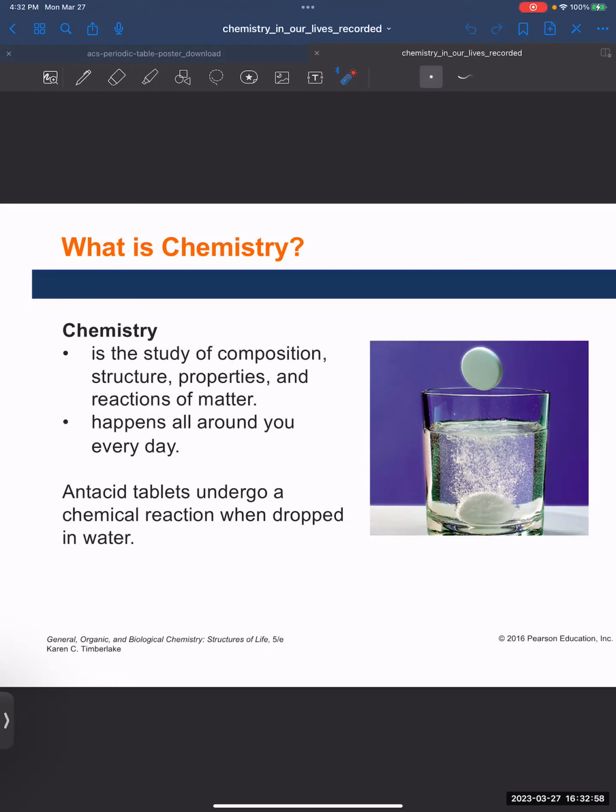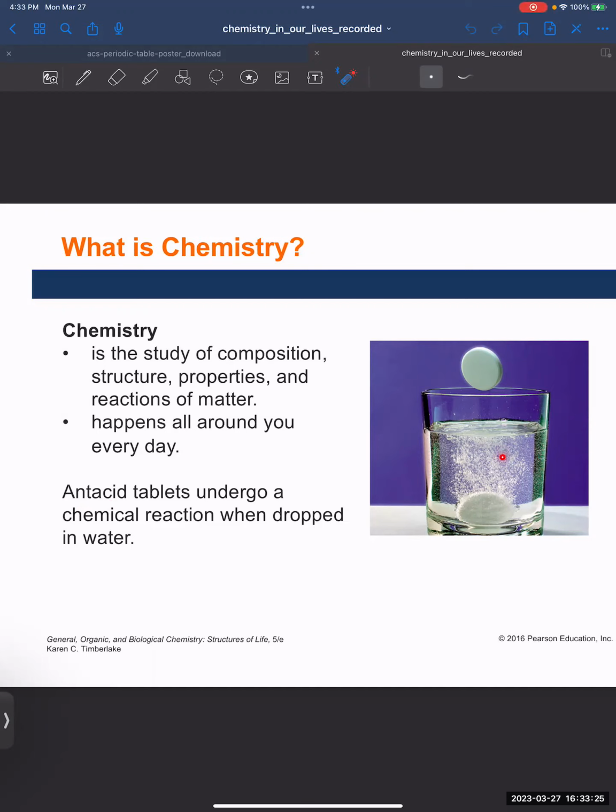And just so you know, chemistry is not something that just happens in the laboratory. It happens all around you every single day. So I'm hoping by taking my course, you will start to look at your world and everything around you a bit differently. So for example, if you ever need to take an antacid, if you have heartburn, you may use one of these tablets.